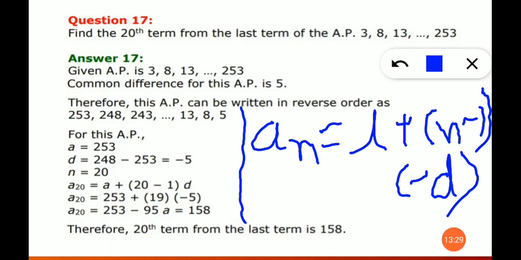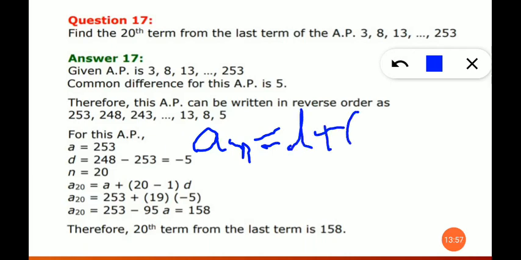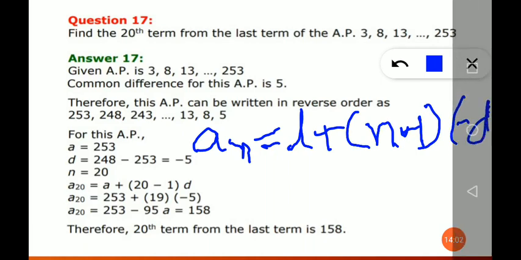This only we have done. 253 is the last term, n minus 1 is 20 minus 1, 19, and d, whatever we have, is 5, but we have taken minus 5. So this formula also you can use. This formula is used when we are taking the reverse order: an is equal to l plus n minus 1 into minus d.